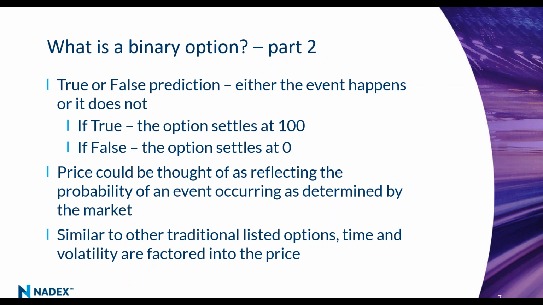When there's very little time, they're also going to factor that in. And volatility as well. If a product is swinging all over the place, moving up and down, those probabilities will change based on the volatility level of the product.